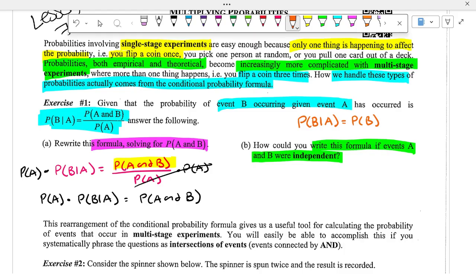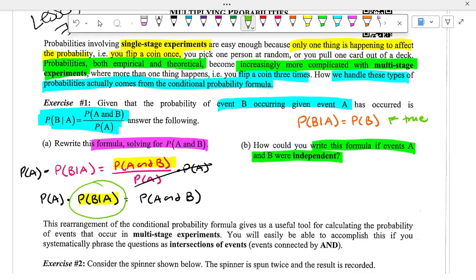So if I know for a fact that they are independent, that orange statement is true, what could I replace this with?